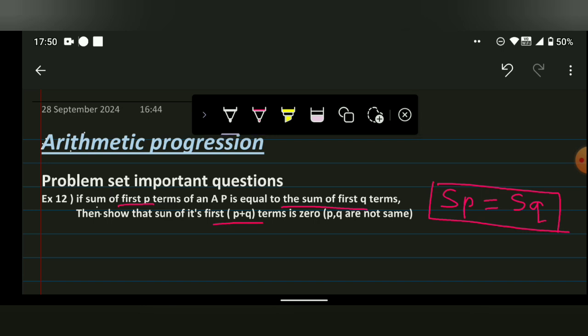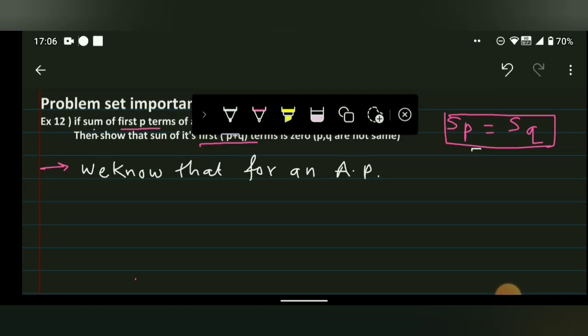Now we will see how to prove this. We know that for an arithmetic progression, Sn, the sum of the first n terms, is given by n by 2 into bracket 2a plus (n minus 1) into d, bracket close.